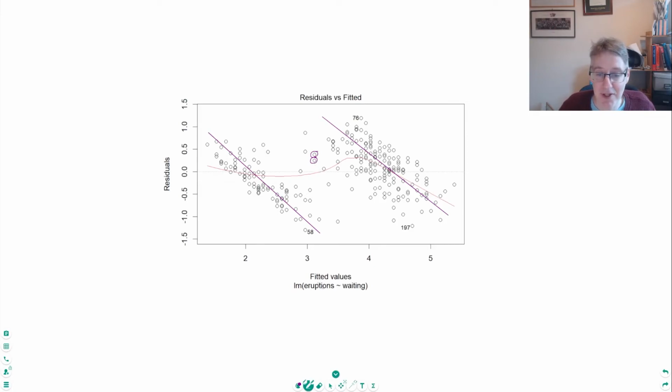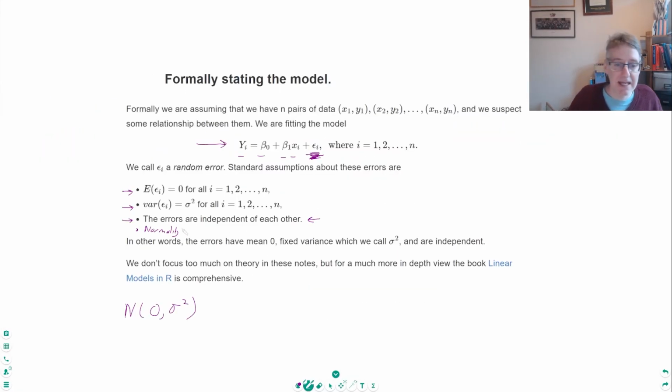If I have a fitted value of 5, then my residuals are all negative. If I have a fitted value of 1, then my residuals are all positive. In other words, where you are on the up and down plot of the residuals is determined by your fitted value. So what we're seeing formally is that our assumption of independence, which is one of our assumptions about our linear model, is not satisfied.